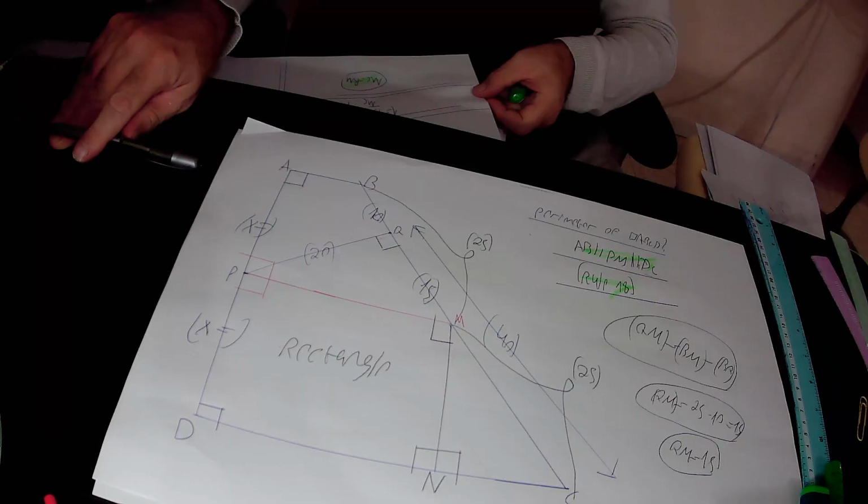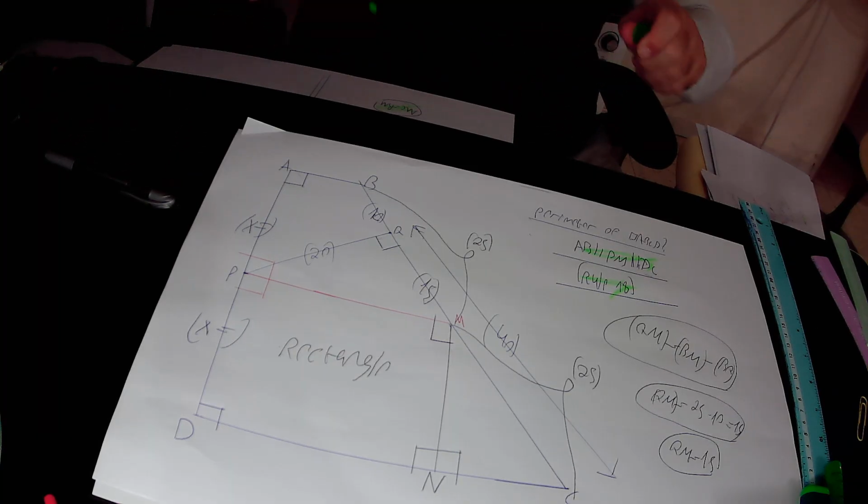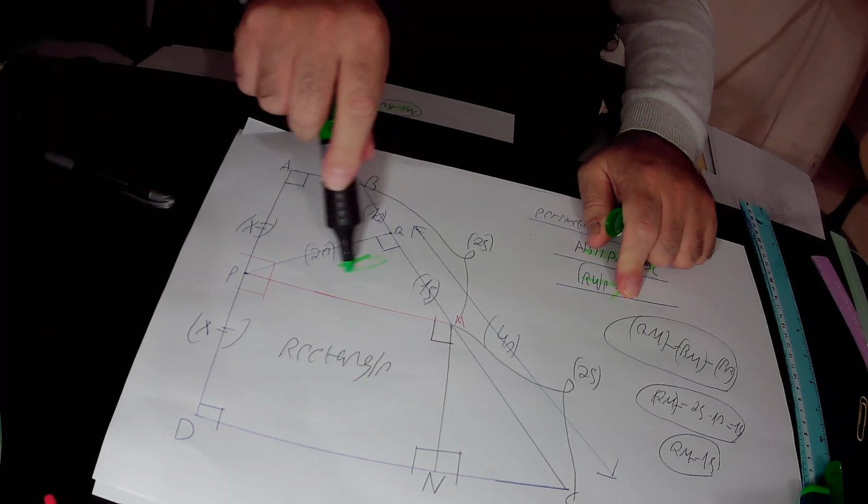In the next step, we will implement the Pythagoras theorem on this right green triangle QPM.